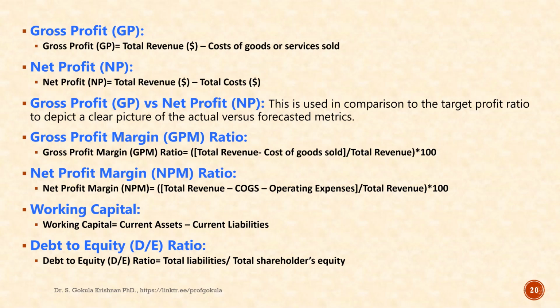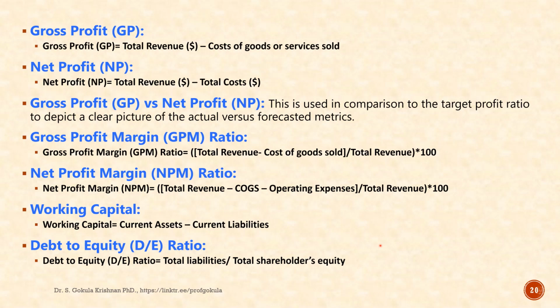And a few other financial metrics have been listed. Gross profit, just to have a look. Net profit, gross profit versus net profit. Gross profit margin ratio, net profit margin, working capital, debt to equity ratio. Here I would like to concentrate on working capital. The working capital is very, very important.